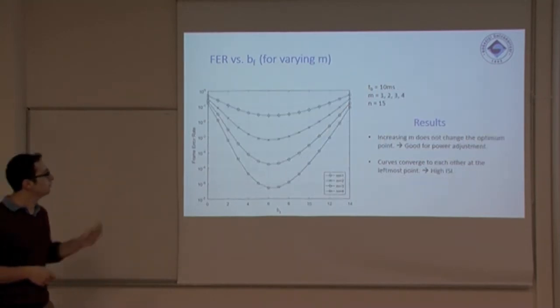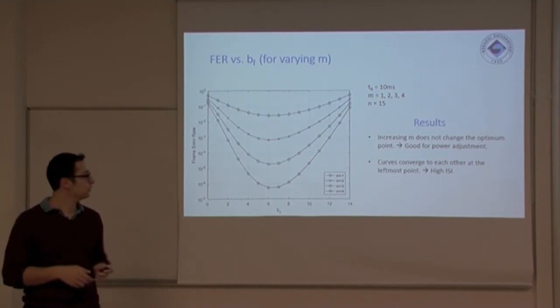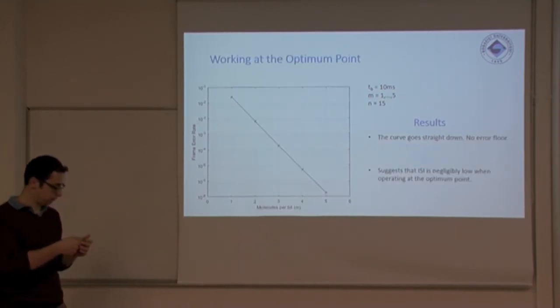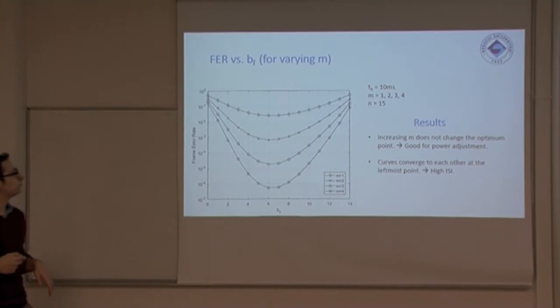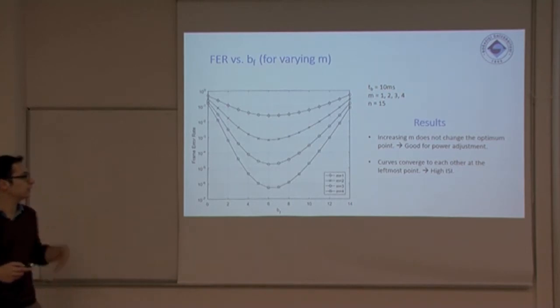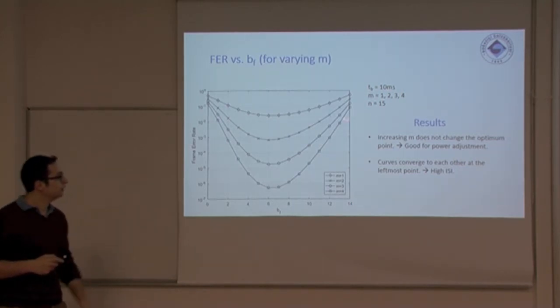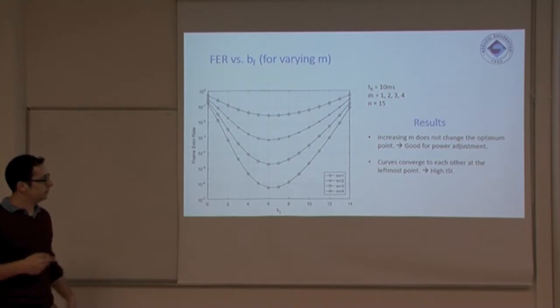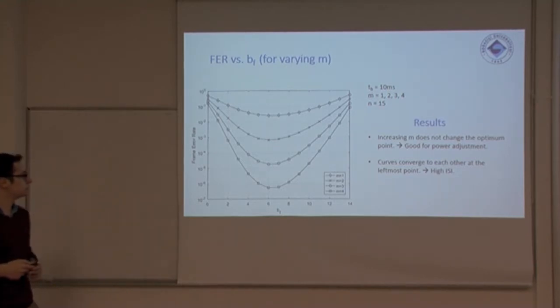Okay, so for varying M, this is the other, I'm sorry. For varying M, when we look at the curves, we have a fixed bit duration and a fixed frame length, and varying M constraint values.